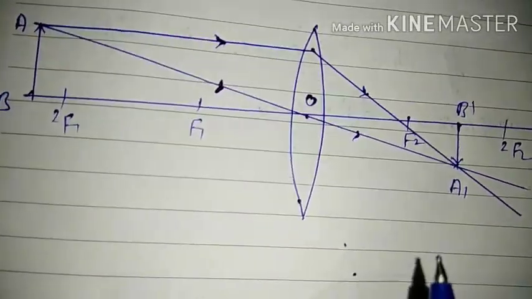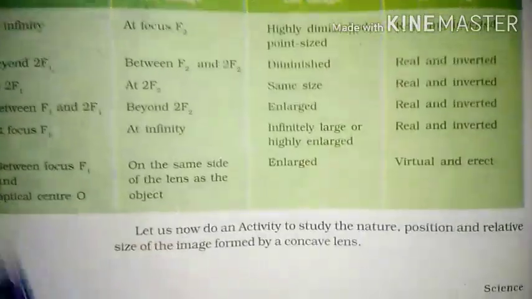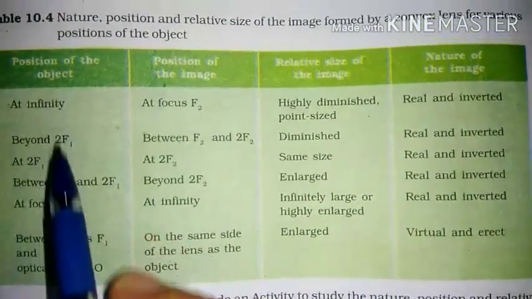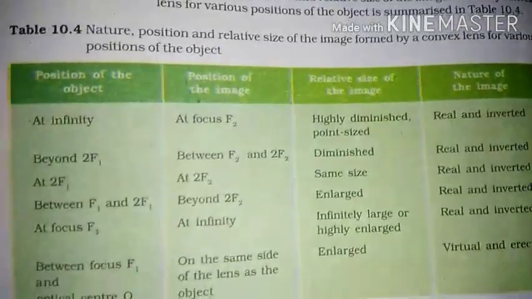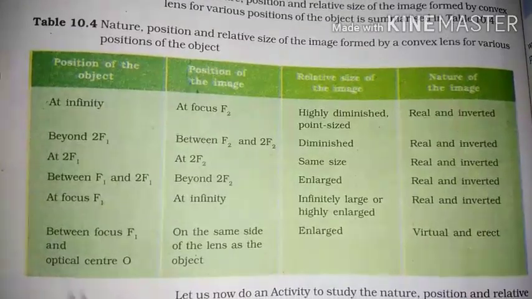We shall see 6 cases. And now, in our NCERT book, see, in page 178, table number 10.4, all the 6 situations are given. Now, see what are the informations given here. Starting from first case, what was given in first case?